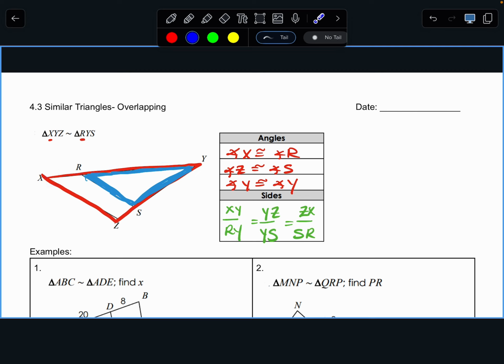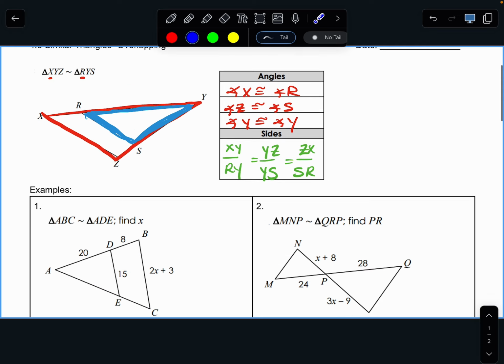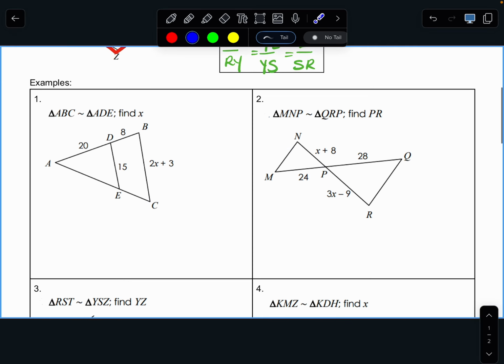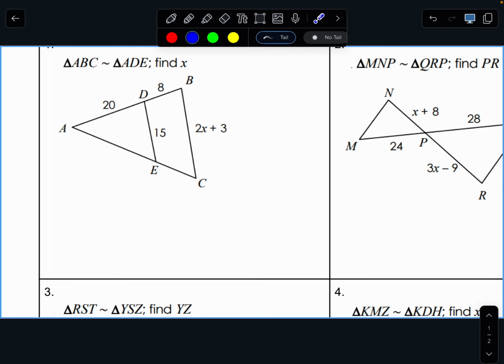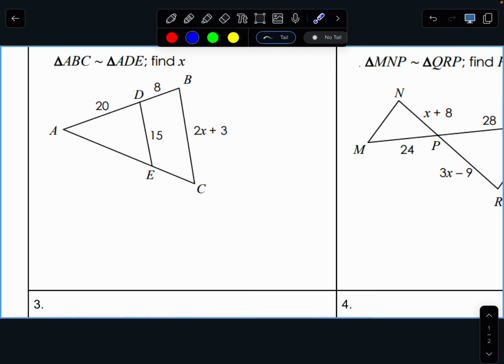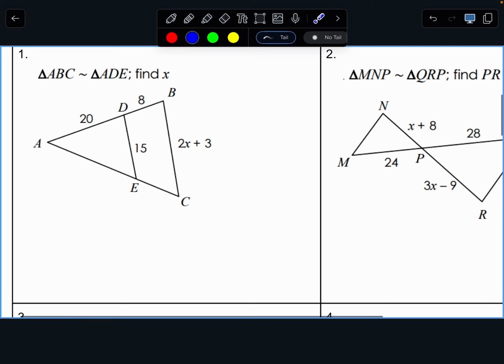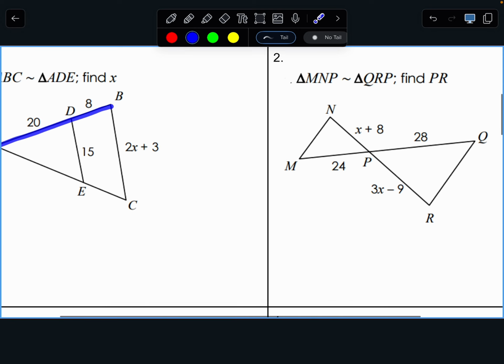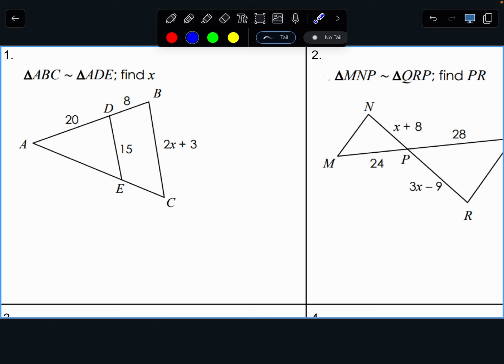So think back to the segment addition that we did so you can see that relationship. So it's just about being able to see how long is AB. That's it, just being able to add those two. Sometimes it's easier than others, but just being able to add those two sides.